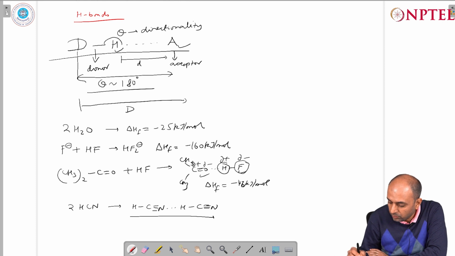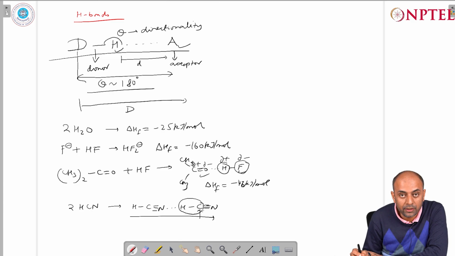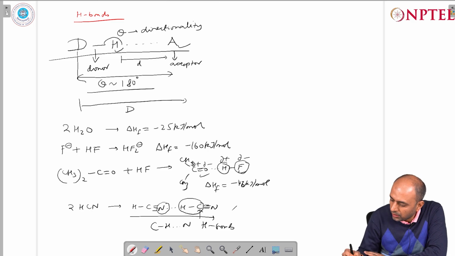They form linear arrays of hydrogen bonds, but in this case we have a relatively weak donor, though the carbon is quite electronegative because it is sp hybridized, and it interacts with the nitrogen atom, which is electronegative as well. So there are CHN hydrogen bonds, and these are relatively weaker, and this is reflected in the enthalpy change for the process being around 12 kilojoule per mole.